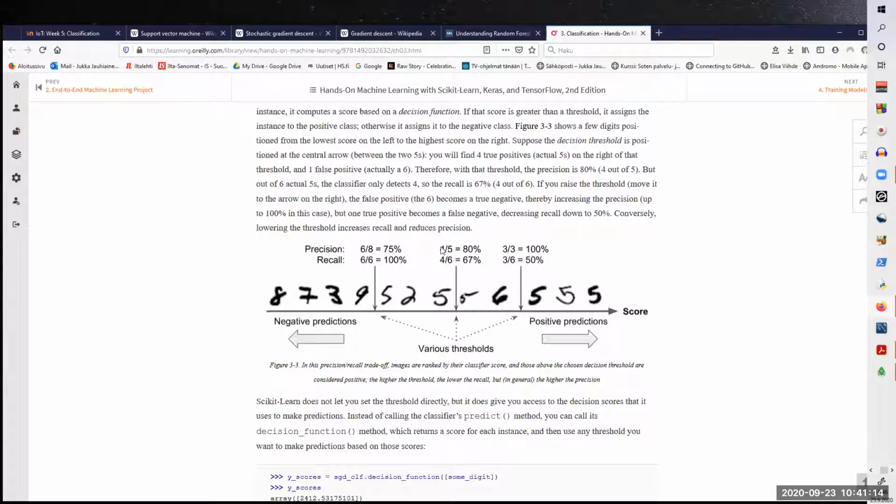So precision here is 4 over 5, or 80%. And the recall: you have a total of 6 5s, and 4 of them were correctly classified. So the recall is 4 over 6, or 67%.